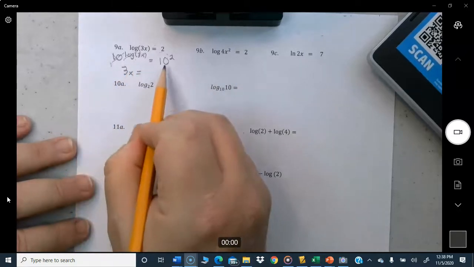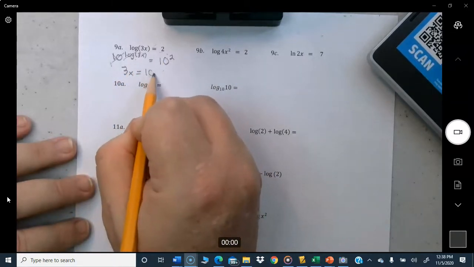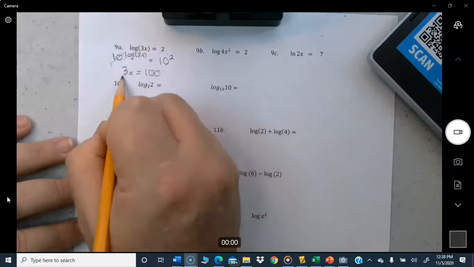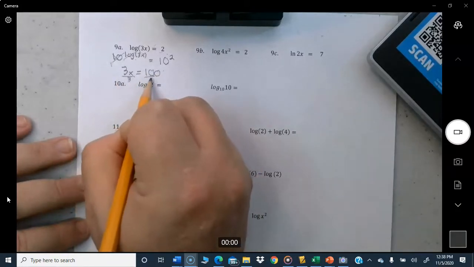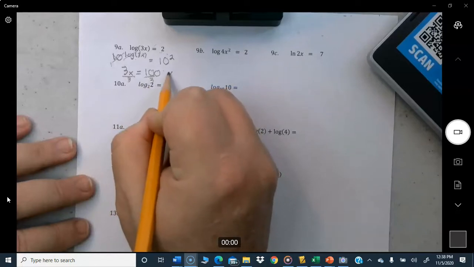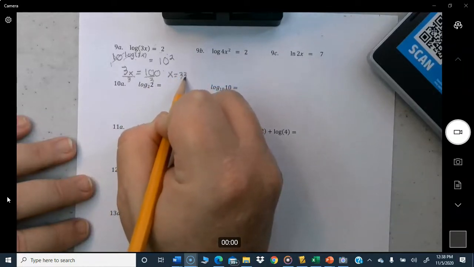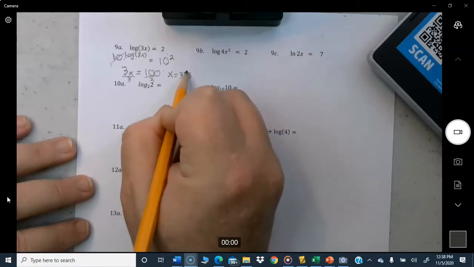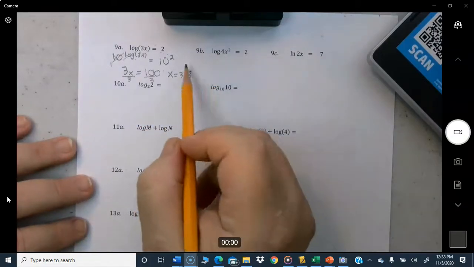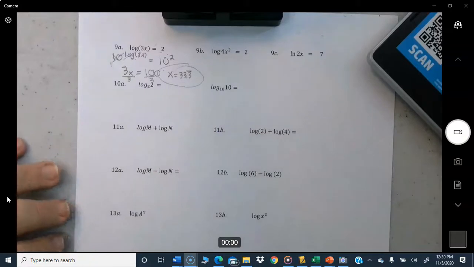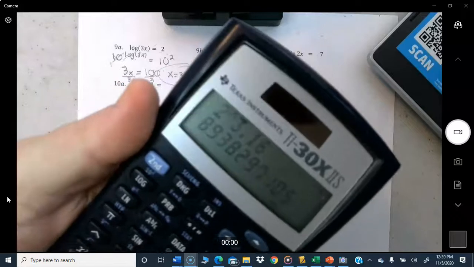Over on this side, 10 squared is 100. So if you divide both sides by 3, you end up with x equals 33 1/3, or 33.3 is fine. Okay, so there's the answer. Again, if you want to play with it, go ahead and put it in the calculator and see.